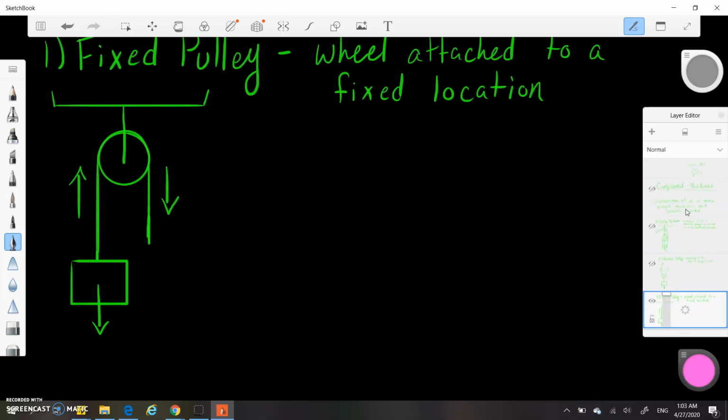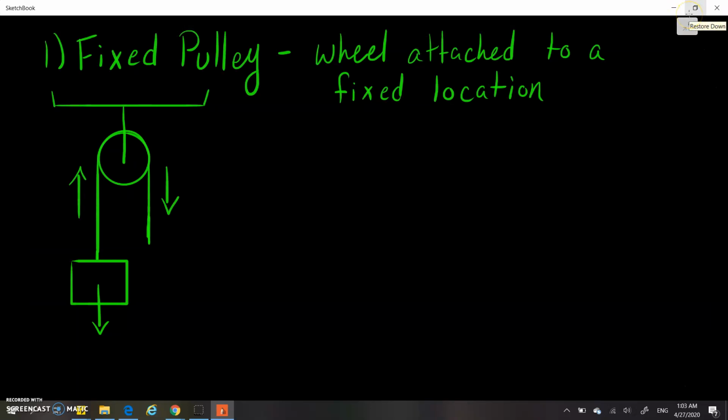If I'm looking at a fixed pulley, this is the first type of pulley, and it is when I have a wheel attached to a fixed location. Right here, for example, I have a ceiling, and on that ceiling is where I have the wheel attached.